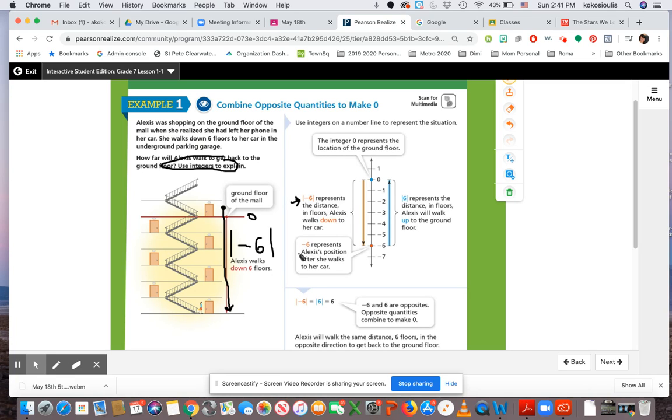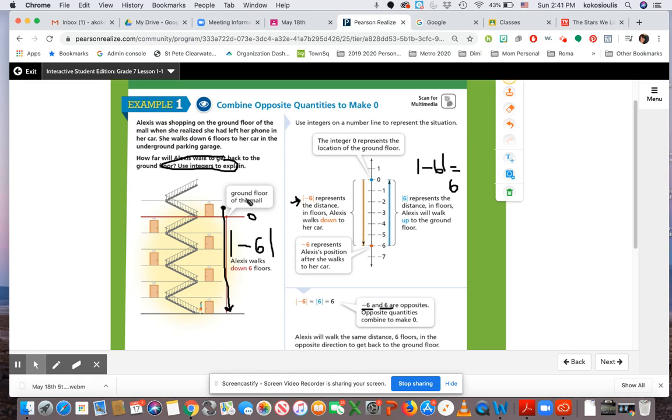So -6 shows us where she walks to her car. The absolute value of -6 is just 6. So she just walked down 6 stairs. So -6 and 6 are opposites.